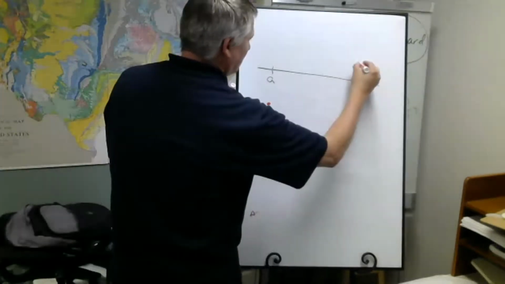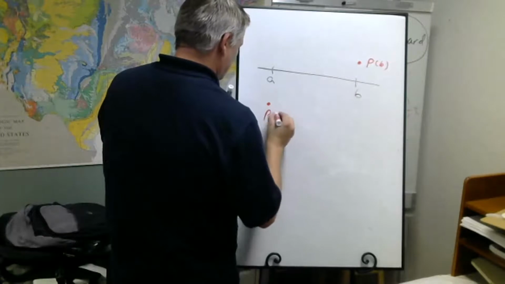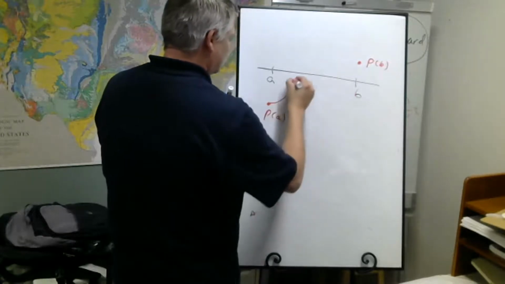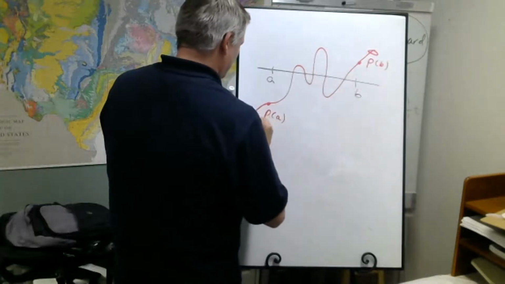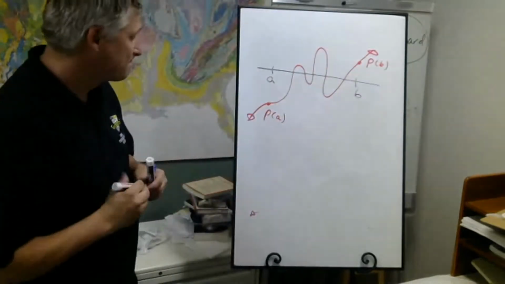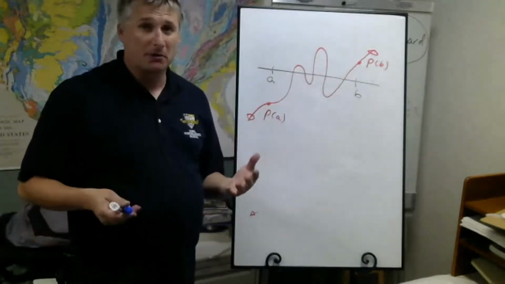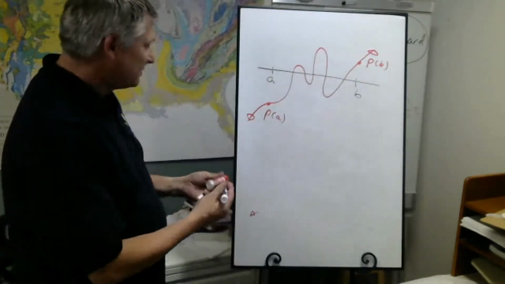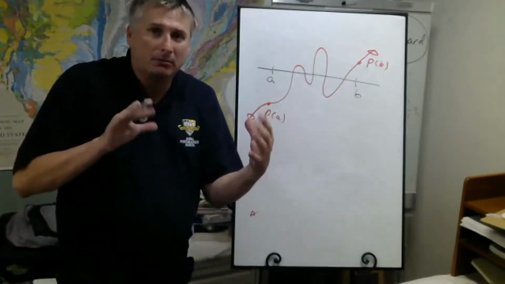There's P of A, P of B. This polynomial could do all kinds of crazy stuff like this. For all that we know, there could be multiple x-intercepts for this polynomial. So we're getting some idea of what's happening in the middle.